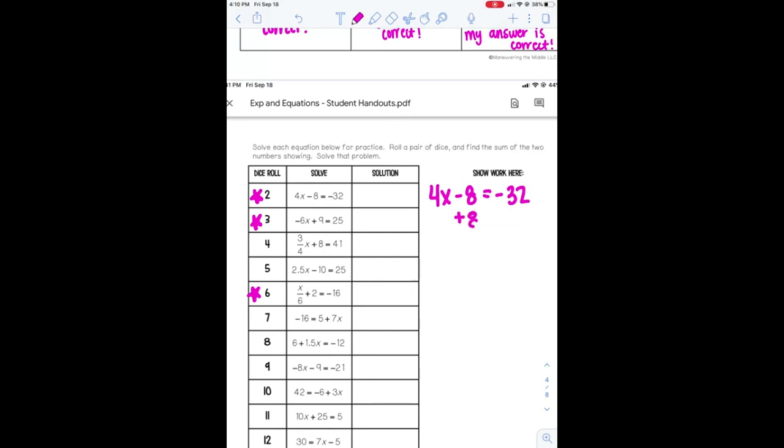I'm going to get rid of that subtraction by using addition on both sides. And that's going to leave me with 4x equals negative 24. Then I'm going to divide by 4 on both sides to undo that multiplication. And that's going to give me x equals negative 6. And that is my answer. So that's what I'm going to put in this table for solution.